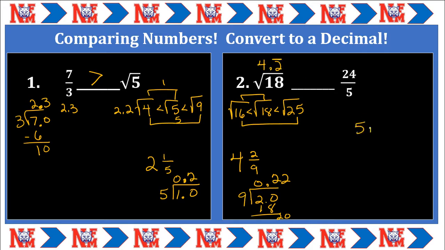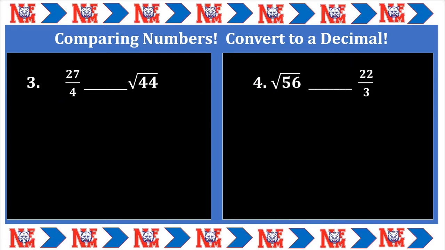Now 5 divides into 24, almost 5 whole times, but not quite. 4 times 5 is 20. I'm going to bring down a decimal. And then 5 into 40 is going to be 8. So this is 4.8. So we have the square root of 18 is less than 24/5.